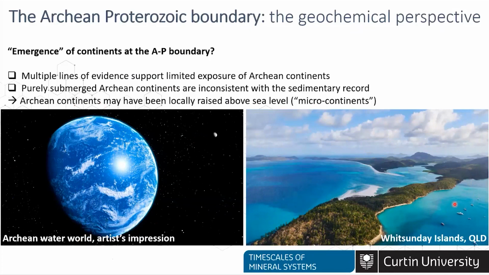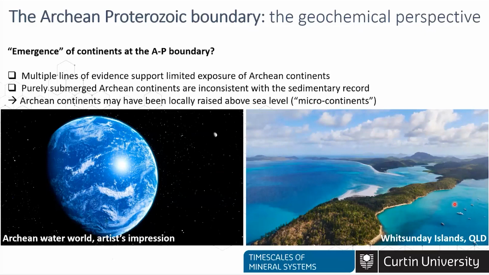And the reason I'm telling you all this is that I just showed you all these different geochemical proxies that indicate that the importance of subaerial continental crust and the weathering and erosion of the subaerial crust increased at the Archean Proterozoic boundary. But I don't think that it was a process like an on-off switch, where we went from more or less purely submerged continents to modern day level continental exposure.